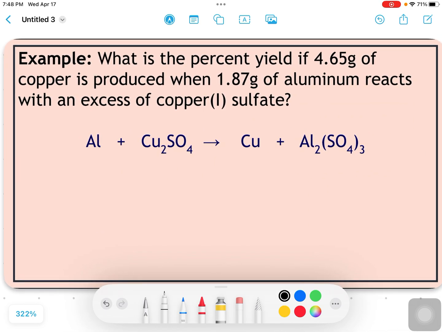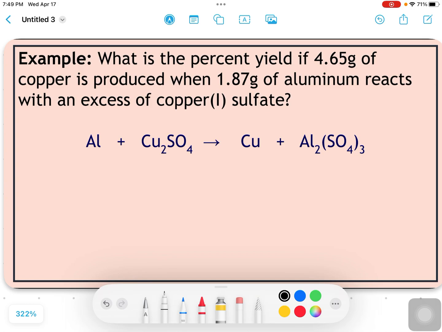So here's an example. What is the percent yield if 4.65 grams of copper is produced when 1.87 grams of aluminum reacts with excess copper(II) sulfate? Okay, so we're reading through that and you're wondering, how am I supposed to know which one is my known and which one is my actual?